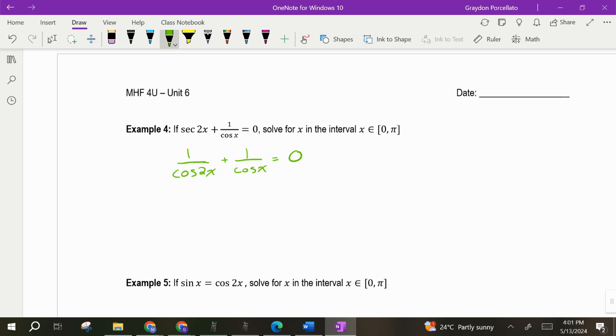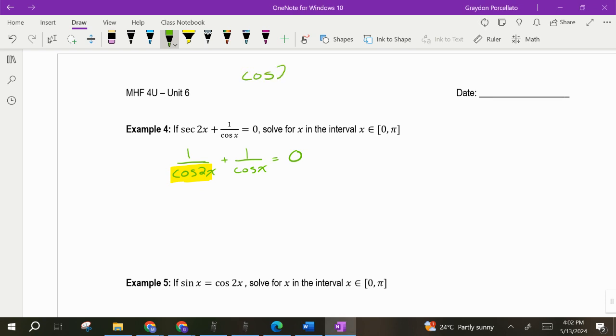Now again, it's really important to notice where we have our identity. So cos 2x is actually equal to, and if you take a look at your formula sheets, we can write that in a different way.